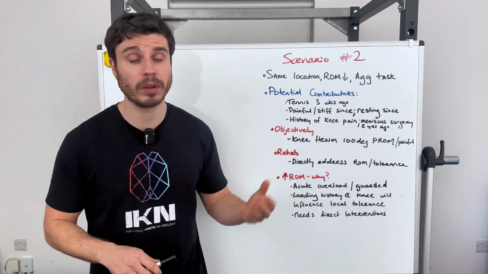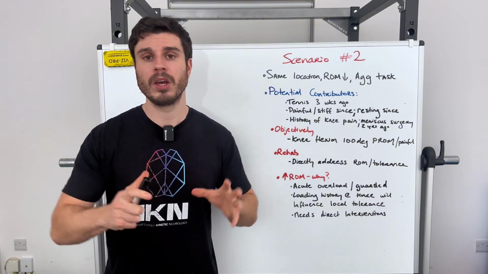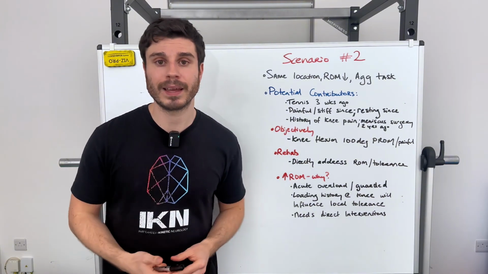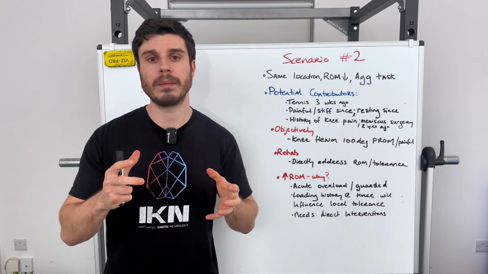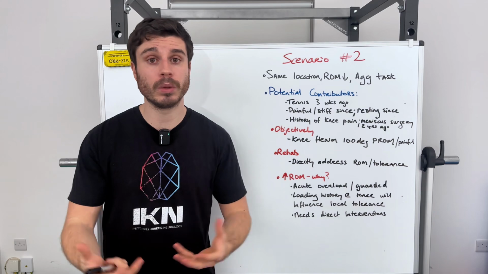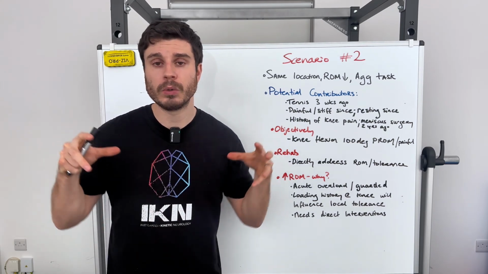So instead of just modifying their aggravating activities, we need to use more direct local strategies to expand that knee flexion range of motion. So we're considering how the tibia is interacting with the femur. We're considering using manual loading strategies to be more targeted with our load application.